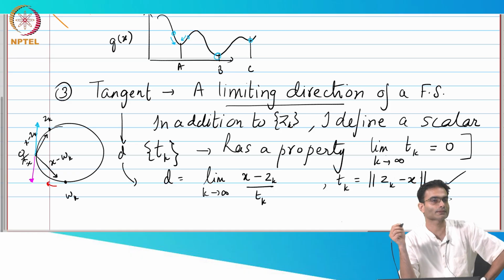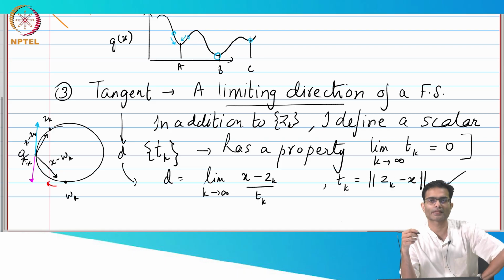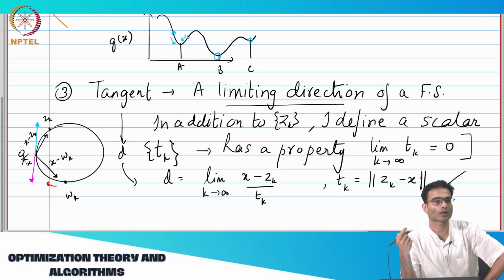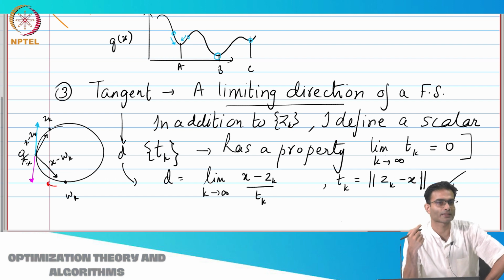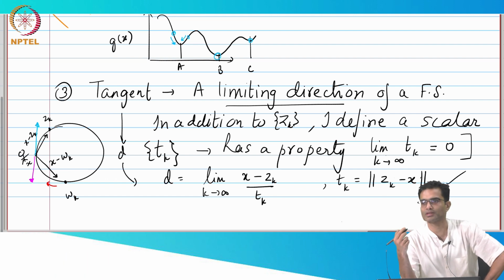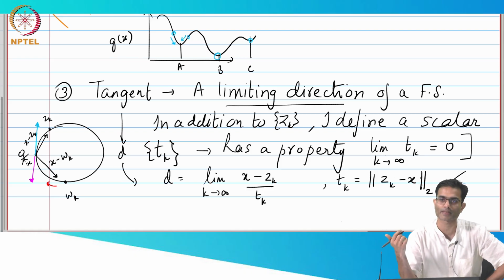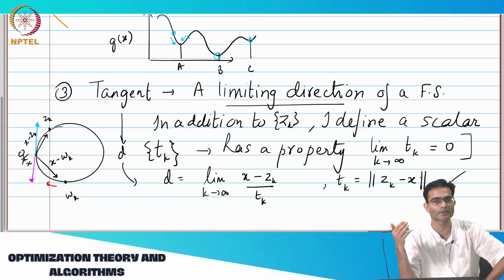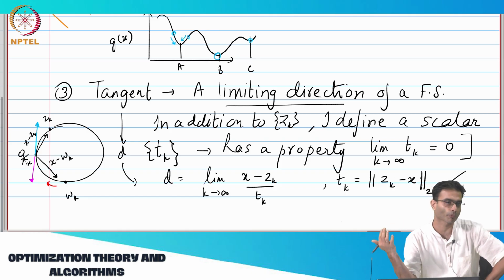So what is that telling us? It's telling us that associated with every feasible sequence, I'm going to come up with a particular tangent direction. There's no reason why we expected everything to give me the same tangent. You can see both the blue arrow and the red arrow are legitimate tangent directions to the circle at point A. That's fine.